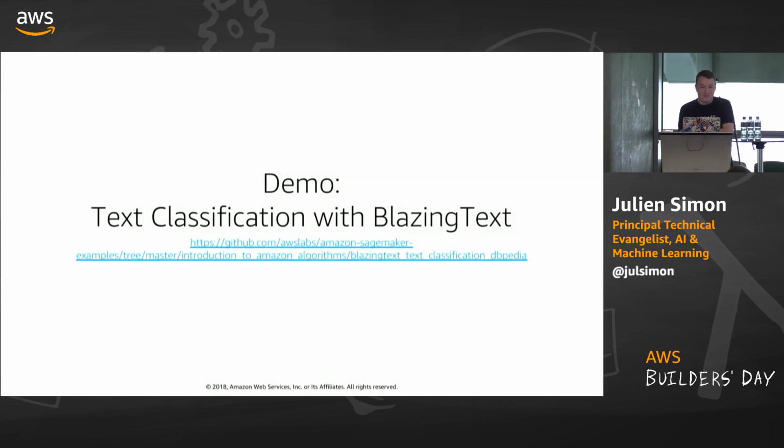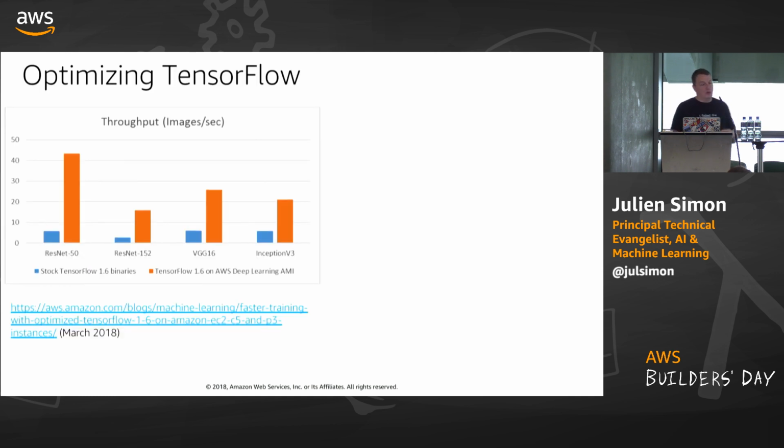Let's keep going. So what about deep learning? Like I said, we support built-in environments for TensorFlow, MXNet, PyTorch, Chainer, etc. But you also get optimized versions. So this is an example of training TensorFlow on image classification models.